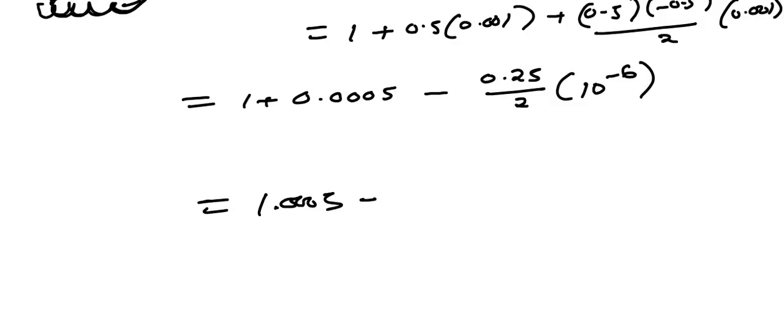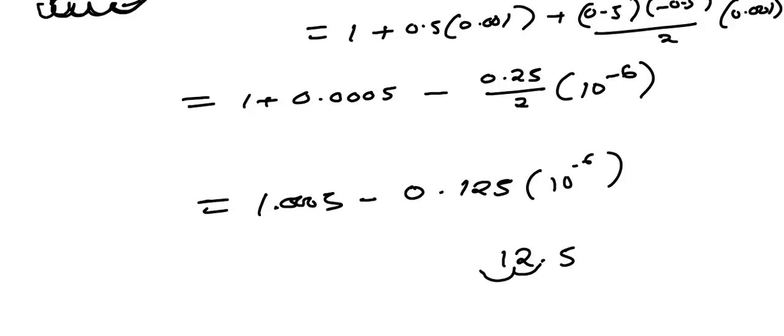Minus 0.25 divided by 2. When you divide 25 by 2, what you get is just 12.5. Now we move the point, so this is going to give us 0.125, because 25 divided by 2 is 12.5, but then you have to move the point 2 steps. Then we're supposed to multiply it by this one here.